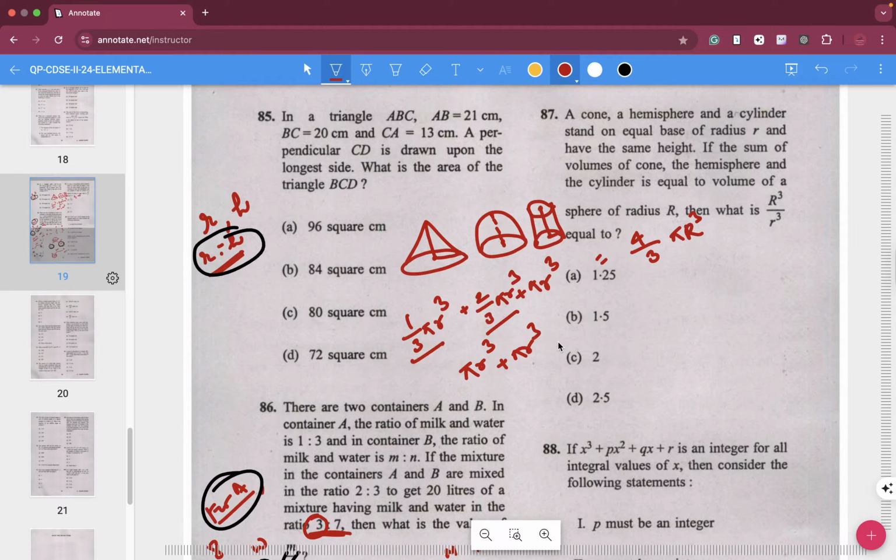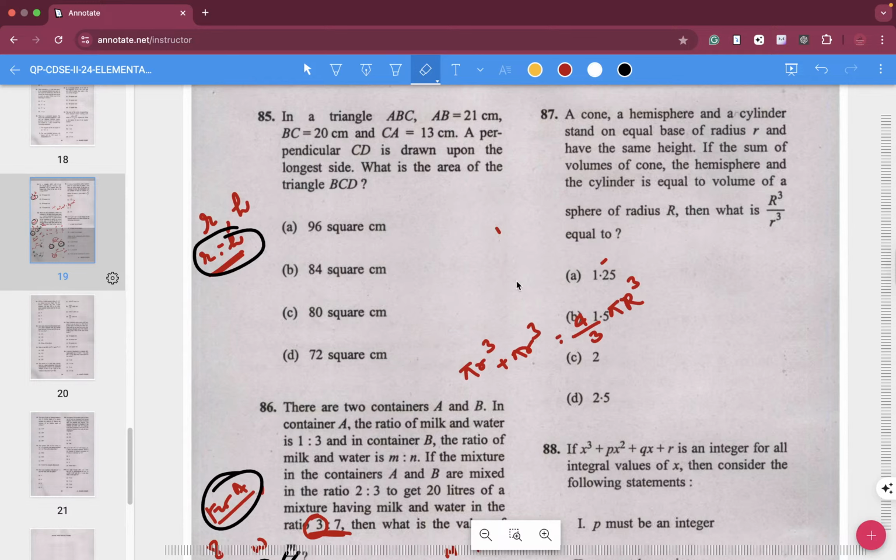Which is equal to 4 by 3 pi capital R cube.